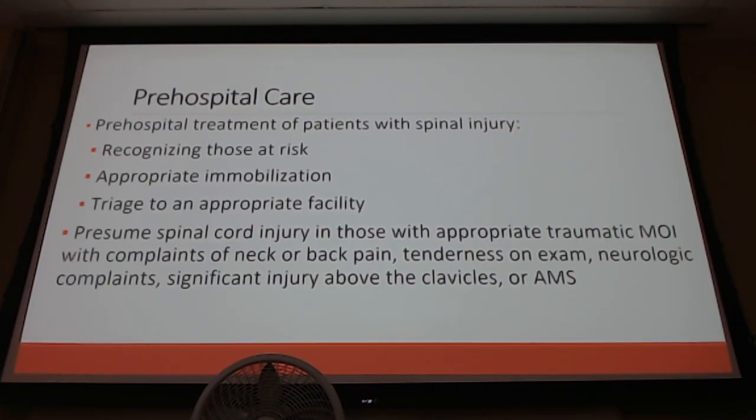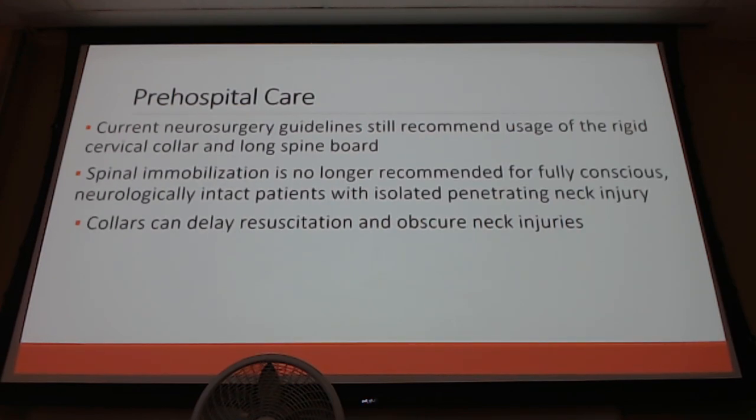Most of the data says they do more harm than good, so we try to remove those spine boards once they make it to the trauma room. And it's important that EMS triages to the right facility that has neurosurgeon or spine surgeon capability. All right. So it says we still recommend use in the pre-hospital setting. Right now we try to remove the spine board when they come in.